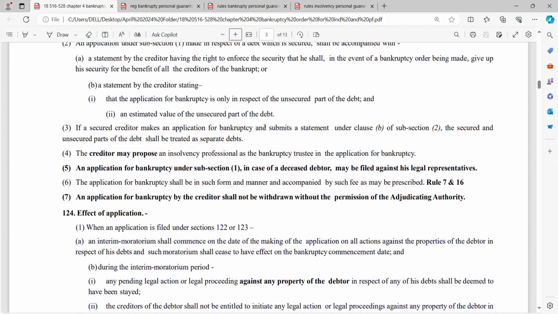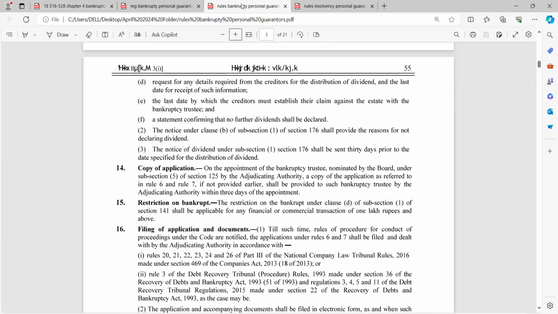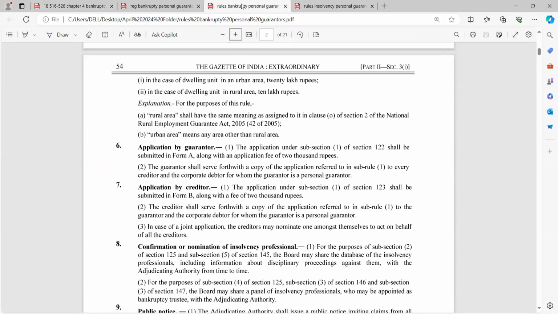In case of a joint application, the creditors may nominate one amongst them to act on behalf of all the creditors. So it is given in rules. If we see rule number 7, it says application by creditor, form B, 2000 rupees, copy to the guarantor and the corporate debtor.